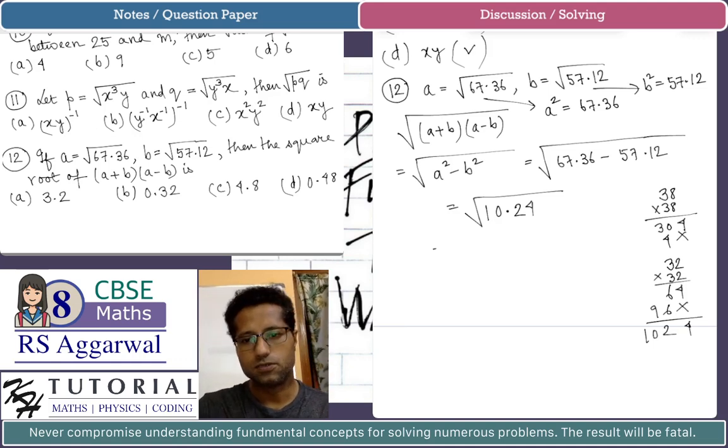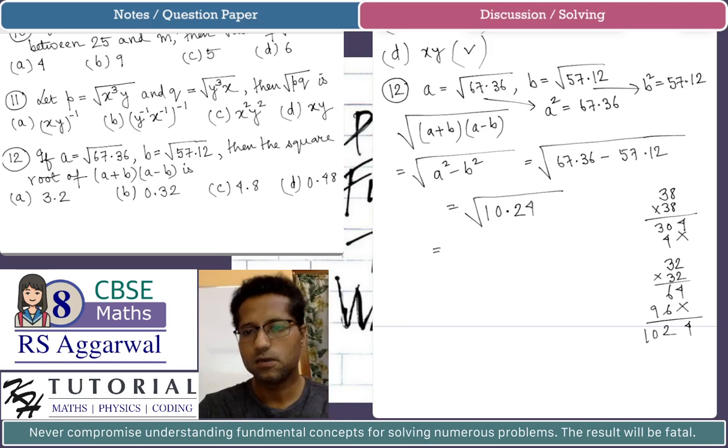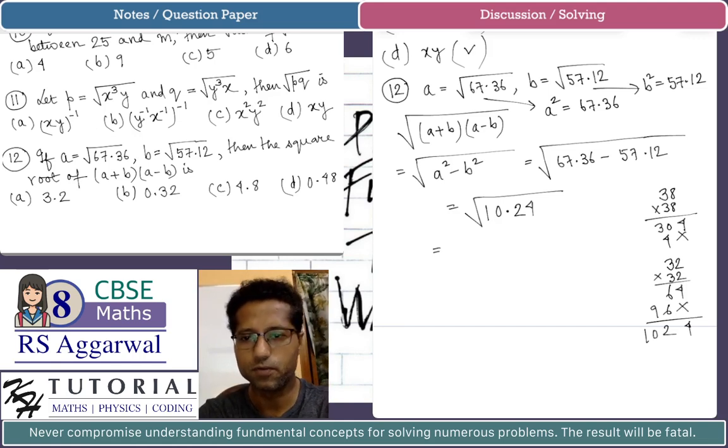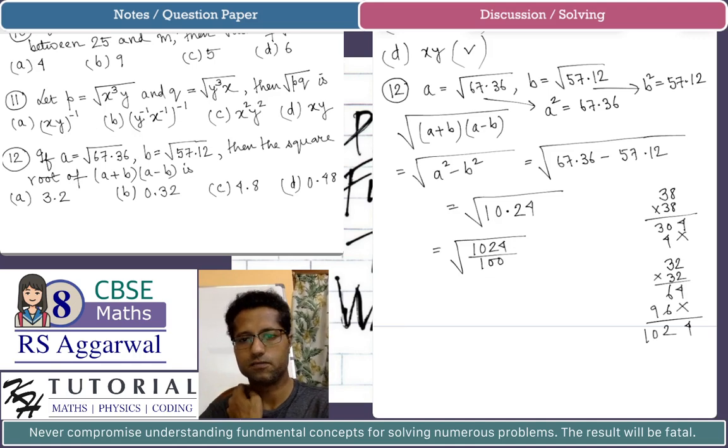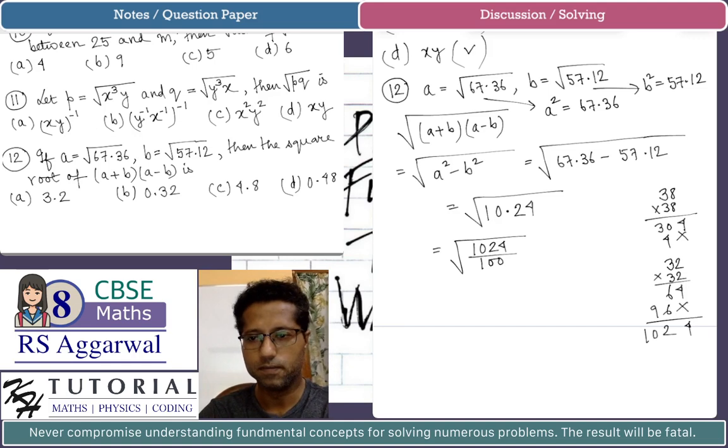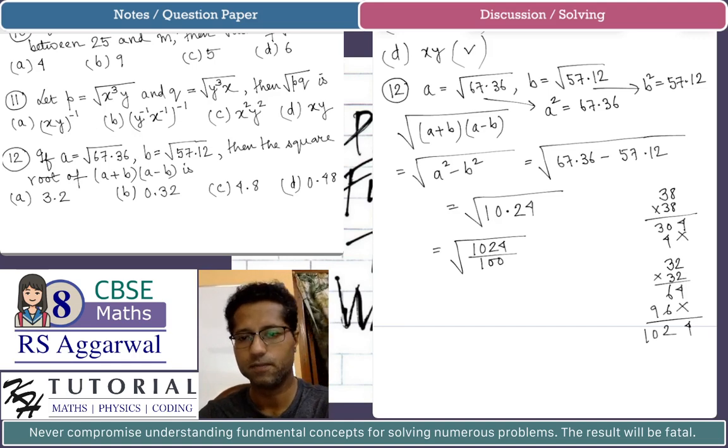Okay, so we can see that this is the square root of 10.24. Now if you convert this decimal 10.24 into fraction form, this is 1024 divided by 100. Why 100? Because it has two decimal places. So in fraction it will be 1024 divided by 100.